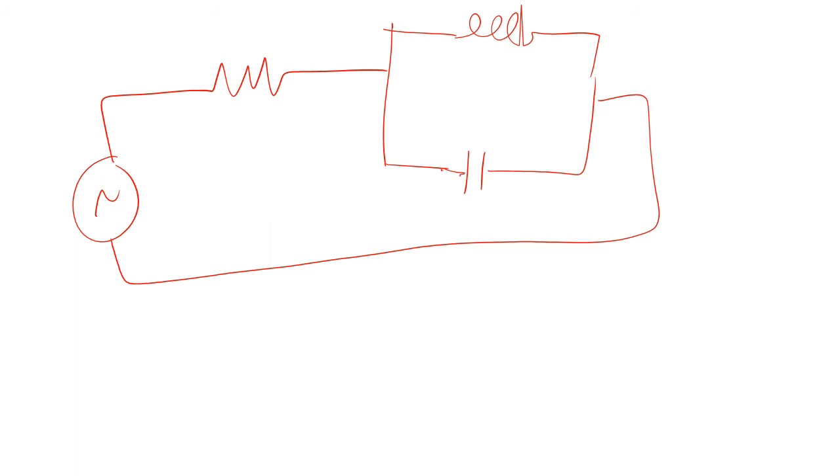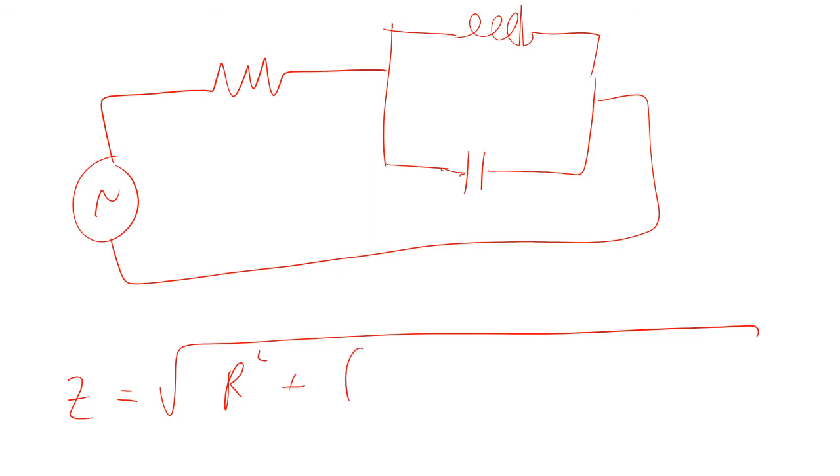Because look what's going to happen here. Z equals the square root of R squared plus 1 over XL minus 1 over XC, to the minus 2. Well, when XL equals XC, then that is going to go towards infinity. So that means that at resonance, this is not going to pass any current.